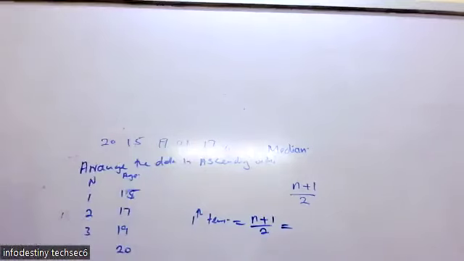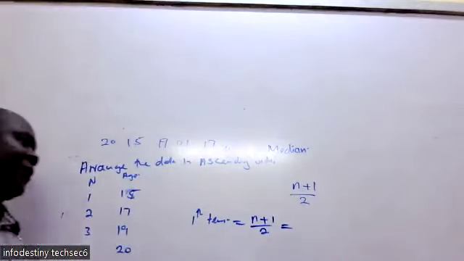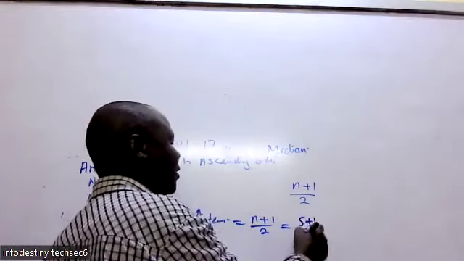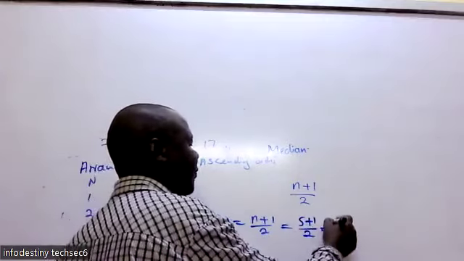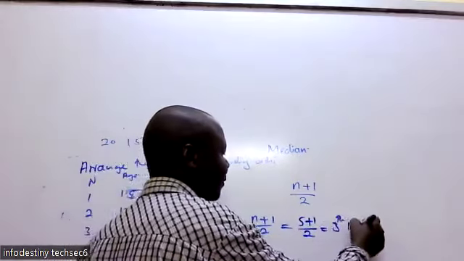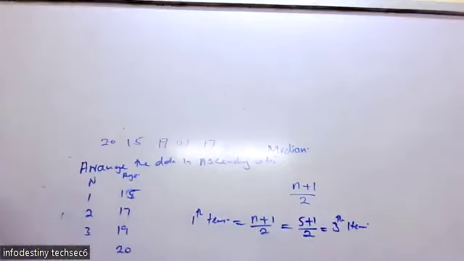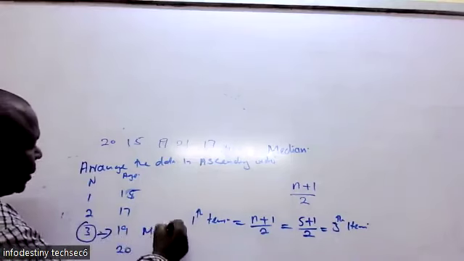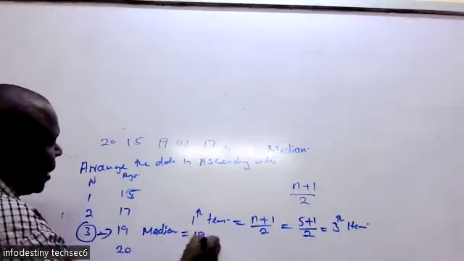We add 1. That's 5 plus 1 divided by 2, so it's going to be the third item. If it's an odd number, we add 1. So what's the third item? The third item is 19. So the median is 19.